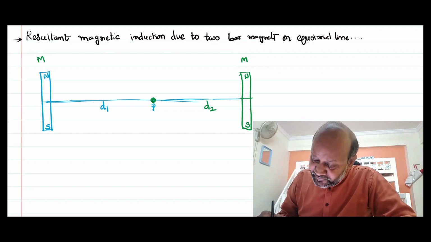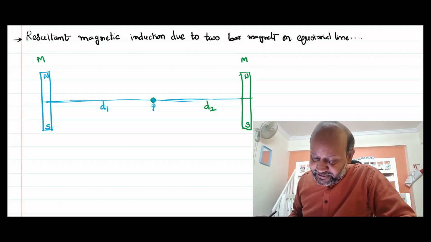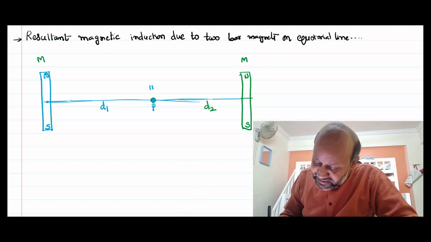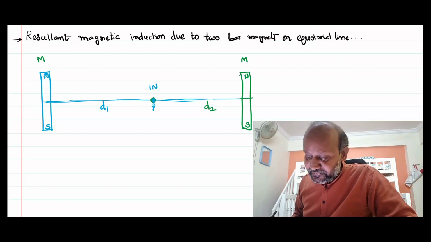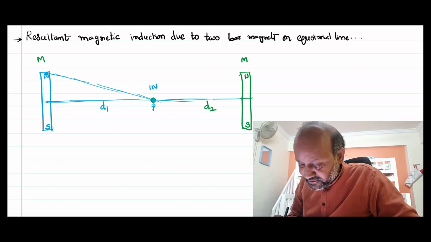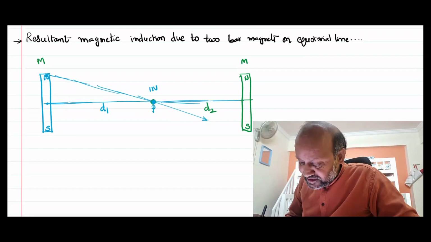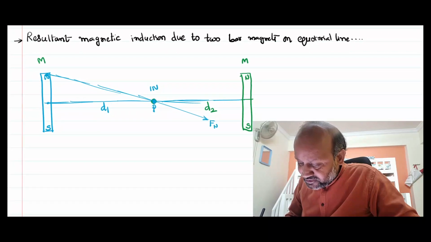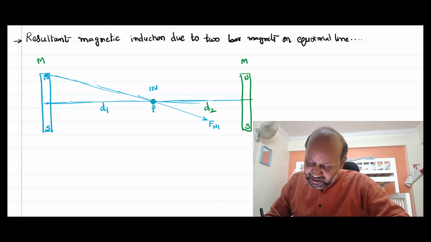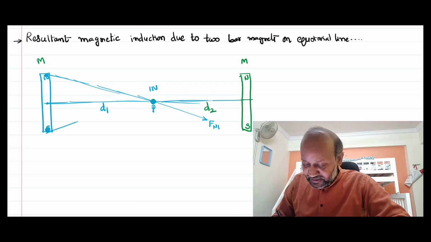Now, on this point, due to this North Pole, as I want the magnetic induction, I shall imagine a unit North Pole. On this unit North Pole, this North Pole applies a repulsion along the line of action. That is F north due to the first magnet. Again, on that unit North Pole, due to the other pole, the South Pole, there is a force of attraction because opposite poles attract.